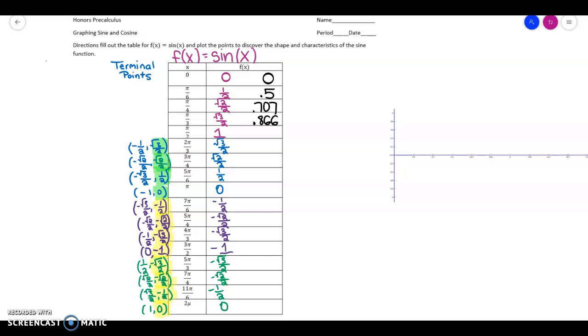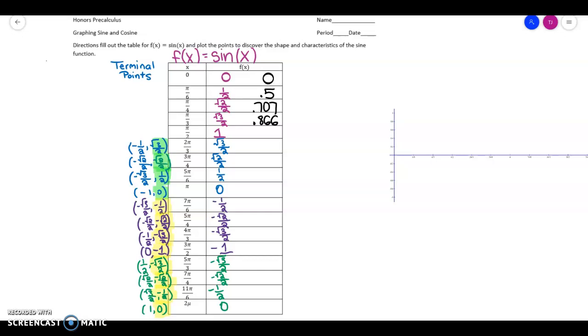Now that we've found the decimal form of pi over 6, pi over 4, pi over 3, we know that this decimal form is just going to repeat as we go into quadrant 2, quadrant 3, and quadrant 4. The only thing that's going to change is whether it's positive or negative.